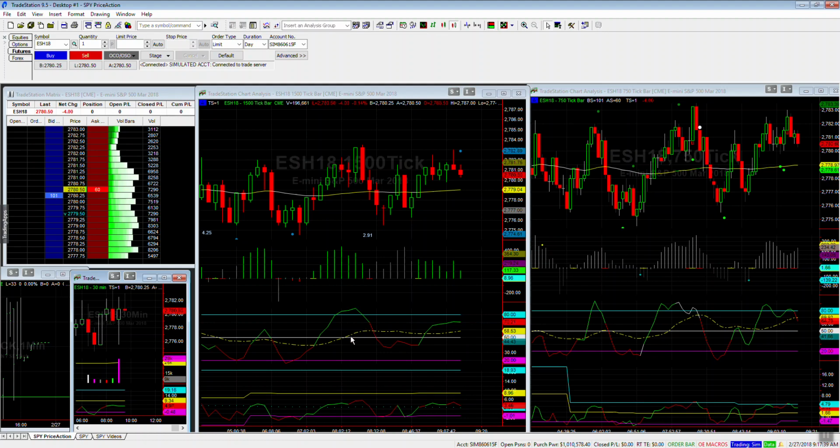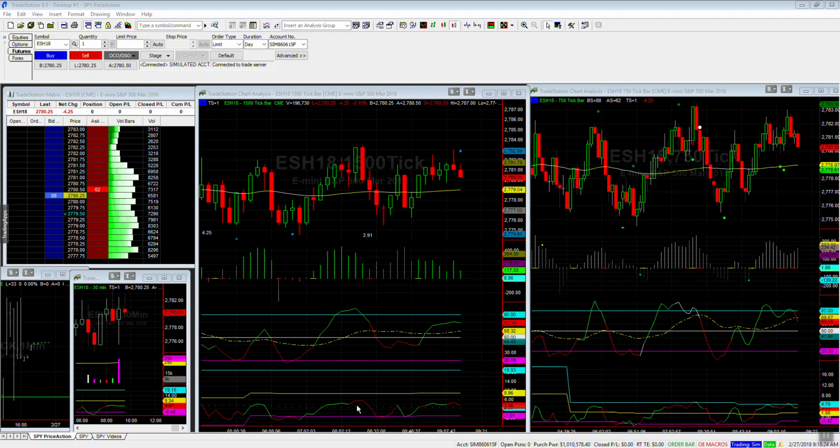Well, in the middle here, I'm going to have the inflection oscillator. And this will have a momentum line now and an inflection point line. And let me do this.